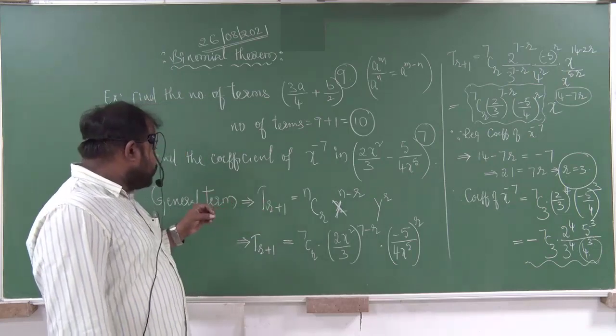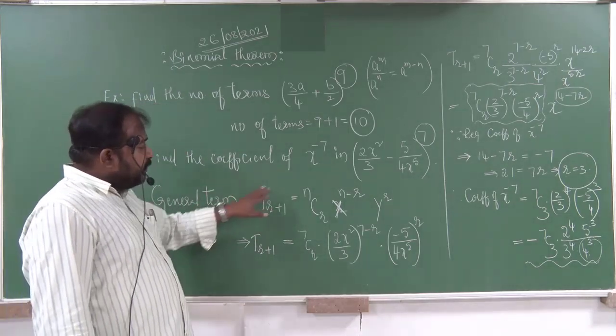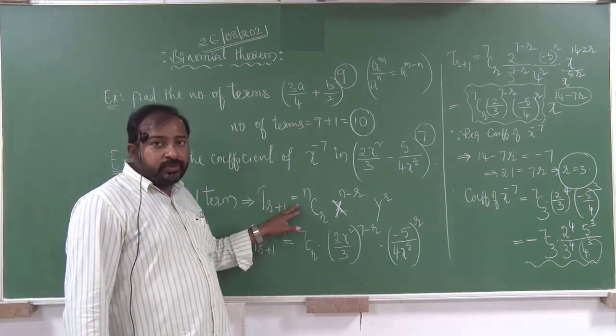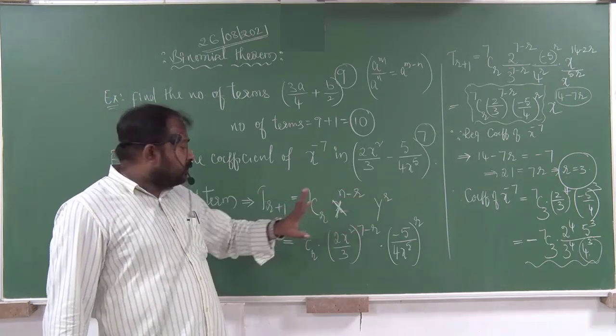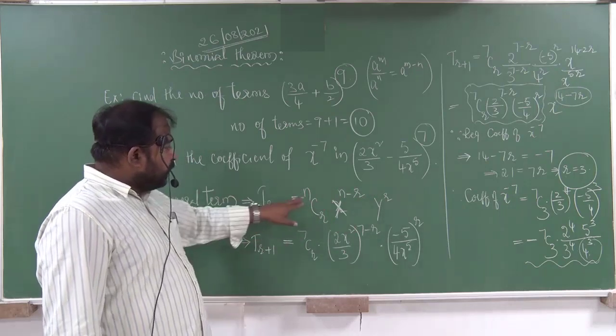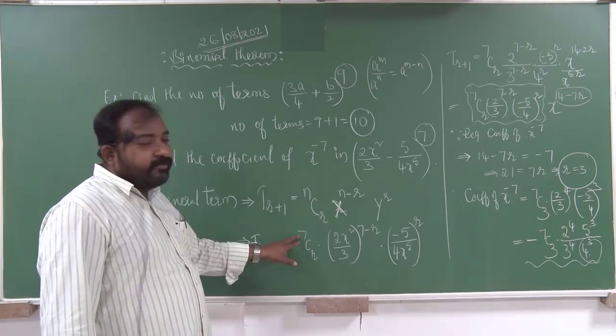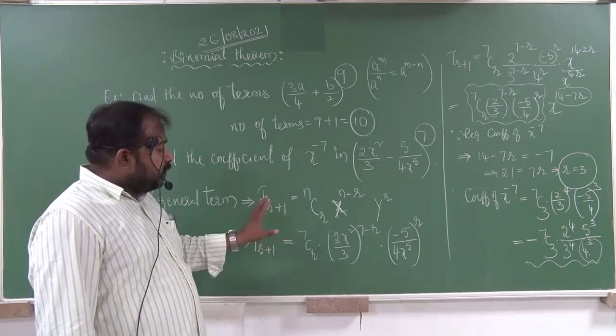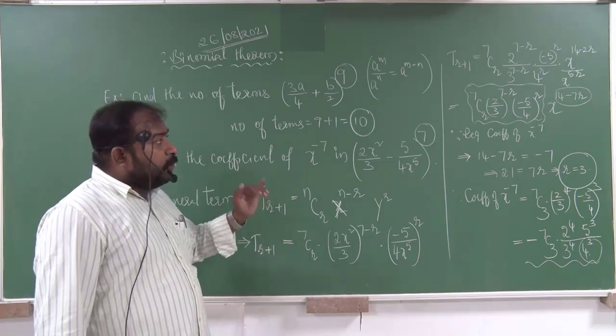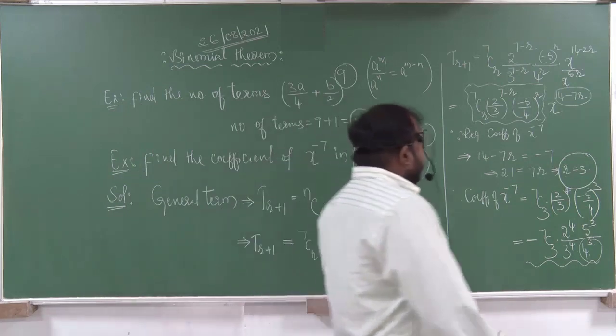What is the formula for the general term? The general term is given by T(r+1) is equal to nCr into x power n minus r into y power r. Now here you can replace the n value. N value is equal to 7, we know. By replacing that in the general term, you will get x power one value.